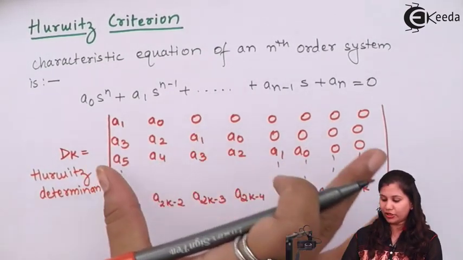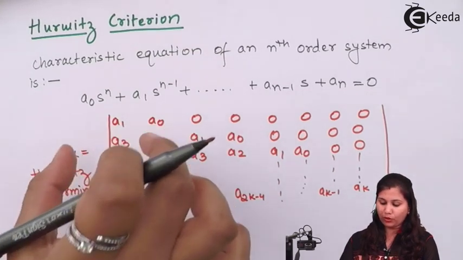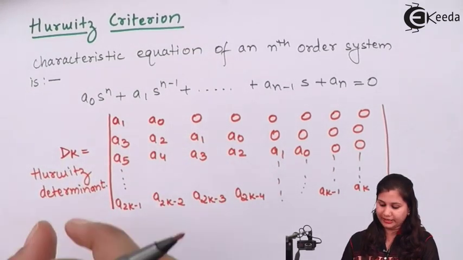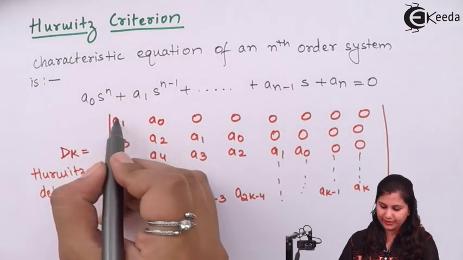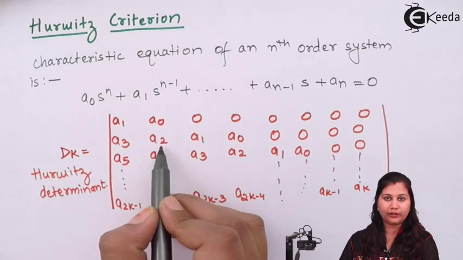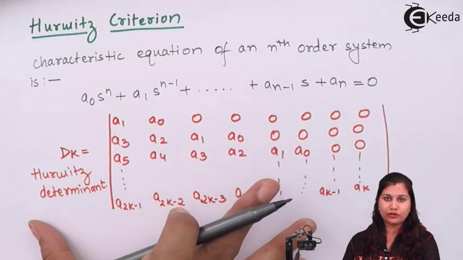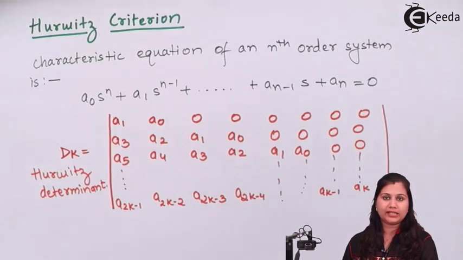This is the generalized form of the Hurwitz determinant. Now we are going to take all the Hurwitz determinants inside it. Like first we are going to take this A1, then we are going to take A1, A0, A3, A2. So all the principal minors of this arrangement should be greater than 0 for a system to be stable. So that was the Hurwitz criteria.